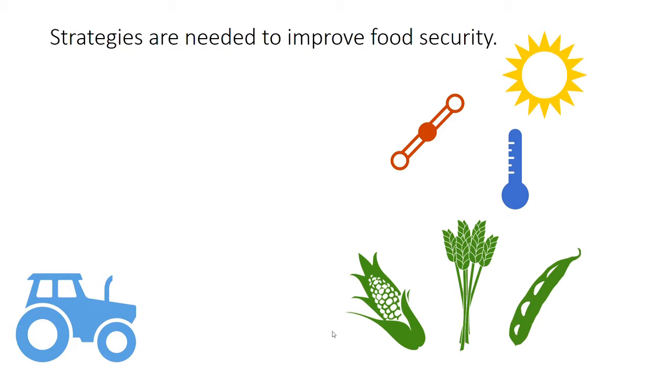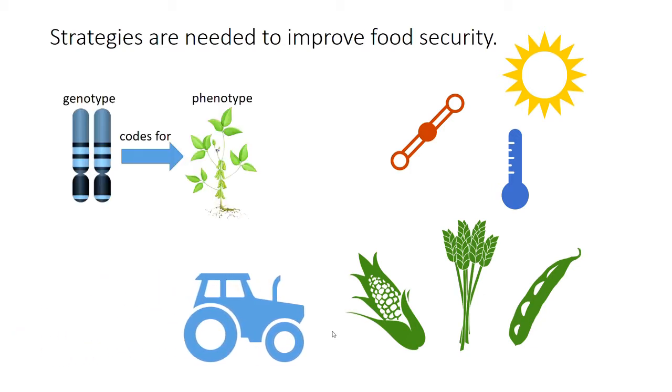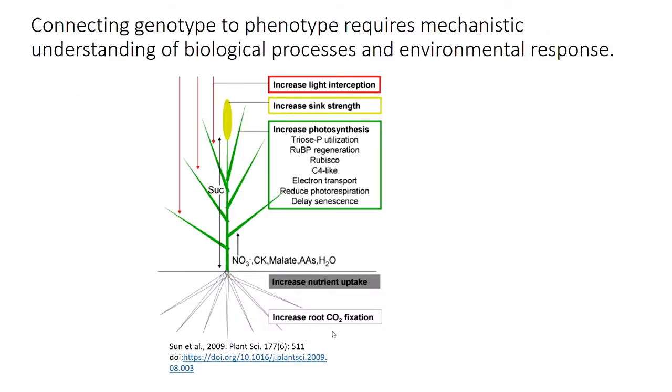So strategies are needed to improve food security, and many of these strategies focus on understanding the relationship between plant genotype and phenotype. And for decades, geneticists have been trying to understand the relationship between genotype and phenotype to design ideal plants, or ideotypes. And over the years, we've gotten pretty good at breeding for ideotypes by taking into consideration mechanistic information and by making detailed observations about plant response to a changing environment.